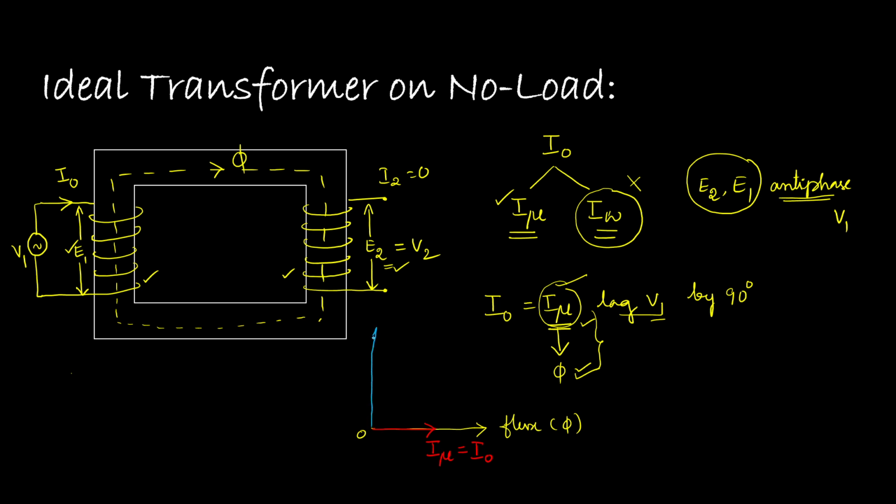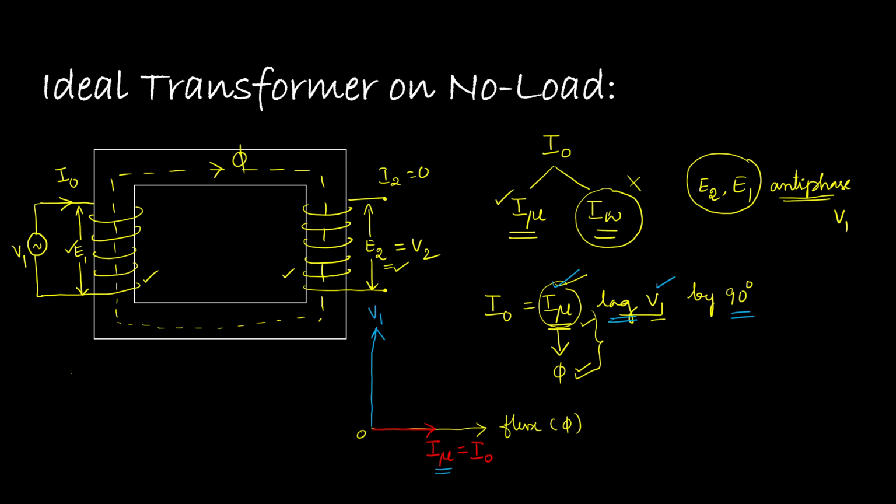Because it is an ideal transformer, you don't find any working component of current. Right. Now let us include the first statement. Let me pick up another color.